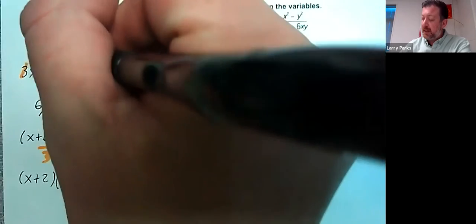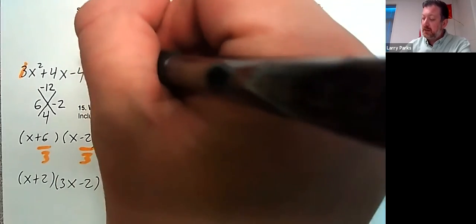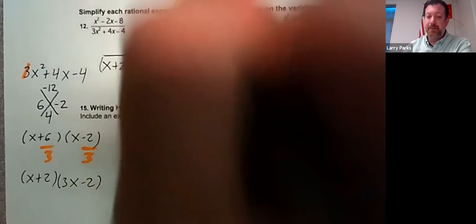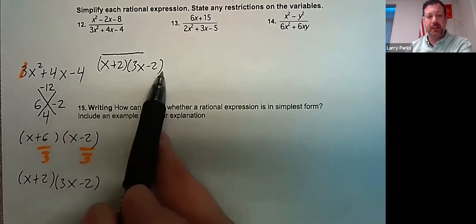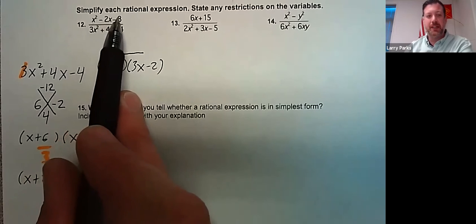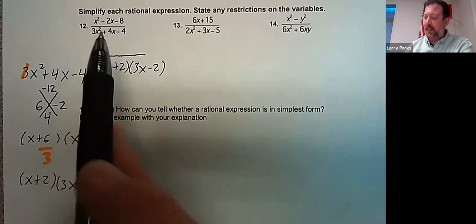So all I found so far is that the denominator factors into x plus 2, 3x minus 2. So this factors into this. Now x squared minus 2x minus 8, that's easy. A is 1. What multiplies to negative 8 and adds to negative 2? That'd be negative 4 and 2.